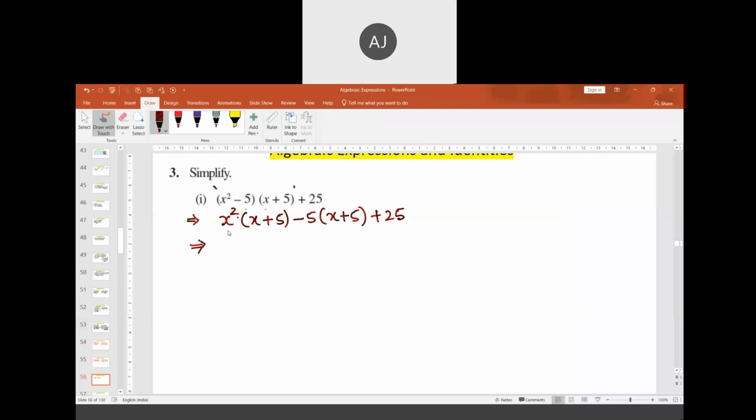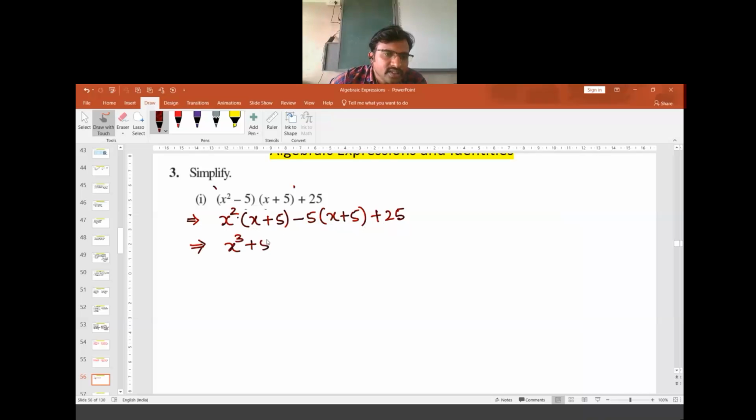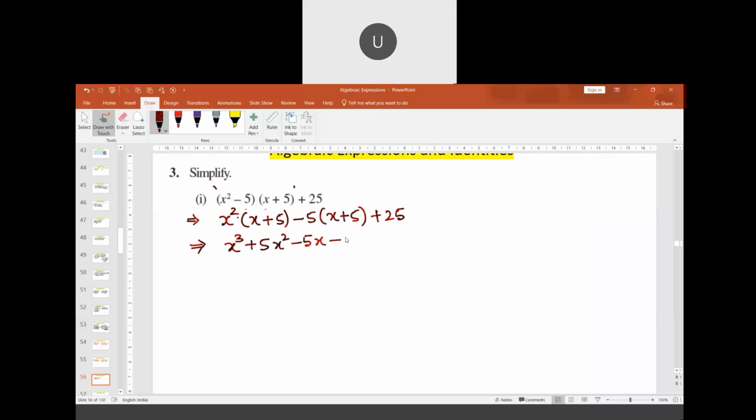We get x cube plus 5x square minus 5x minus 25 plus 25. Then minus 25 and plus 25 will get cancelled. Many will go wrong; your friend already went wrong.